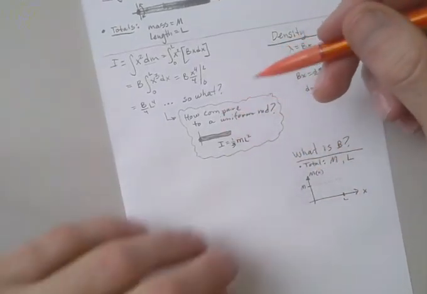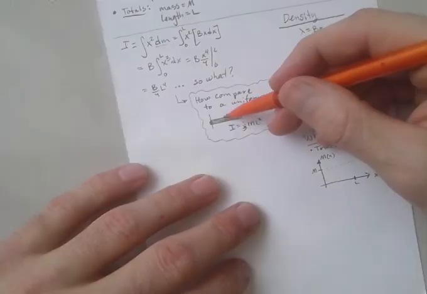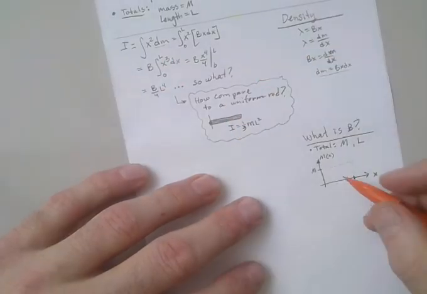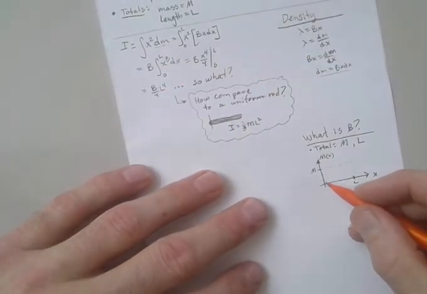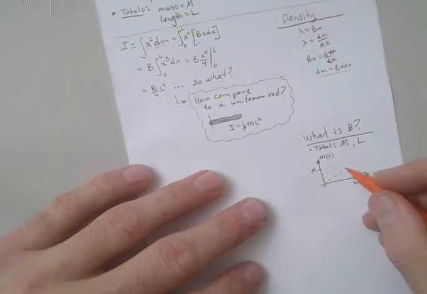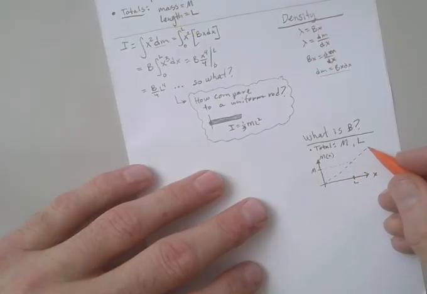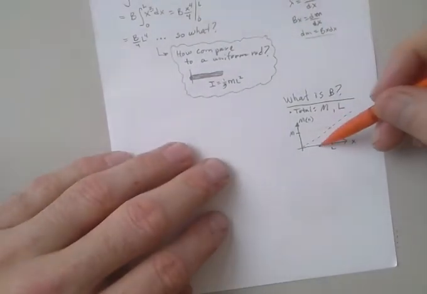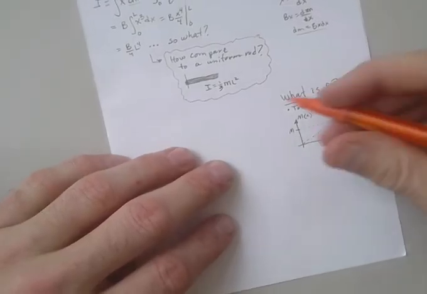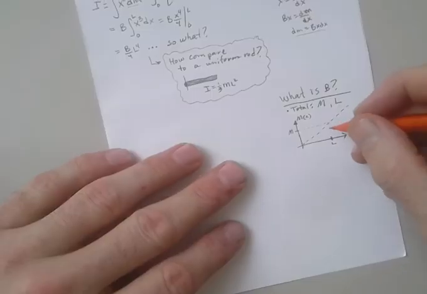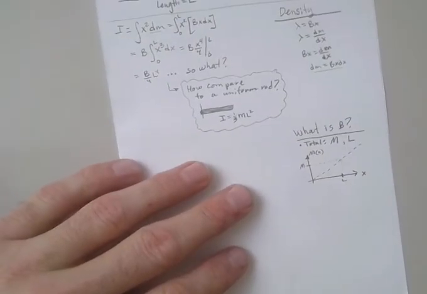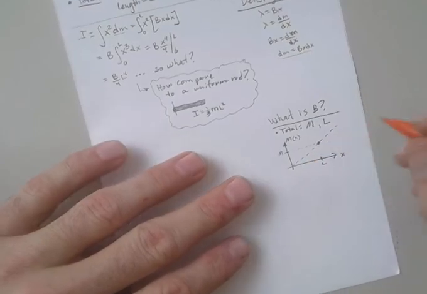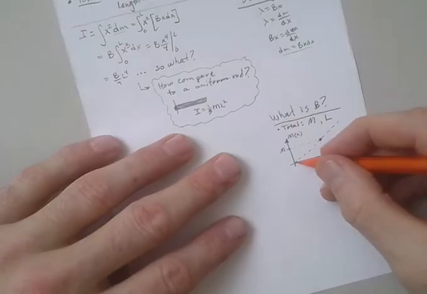If we had this uniform rod and I was halfway across this thing, I only had half the length of it, I would have half the mass. And so that would look something like this. Okay, if I was halfway across, I'd have half the mass. It's like a linear relationship. But I do not have that. I have something that looks a little more like this. Let me show you why.